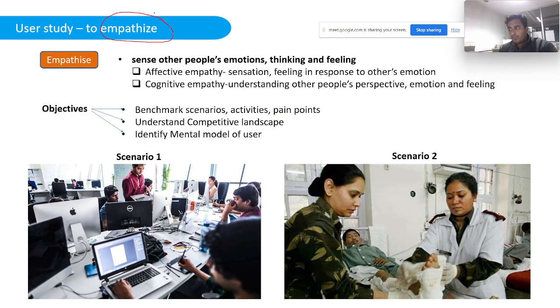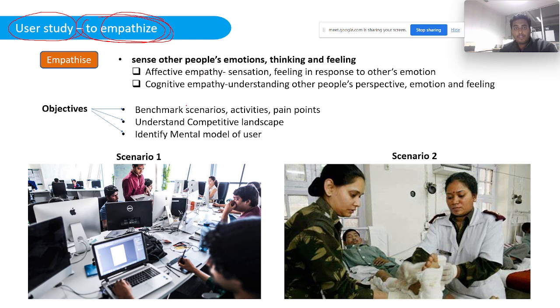So whenever you need to identify a problem, or you want to move ahead in a design project, the very first thing you do is user study. So why do you do user study? Basically it's a process which lets you empathize about the user's problem.